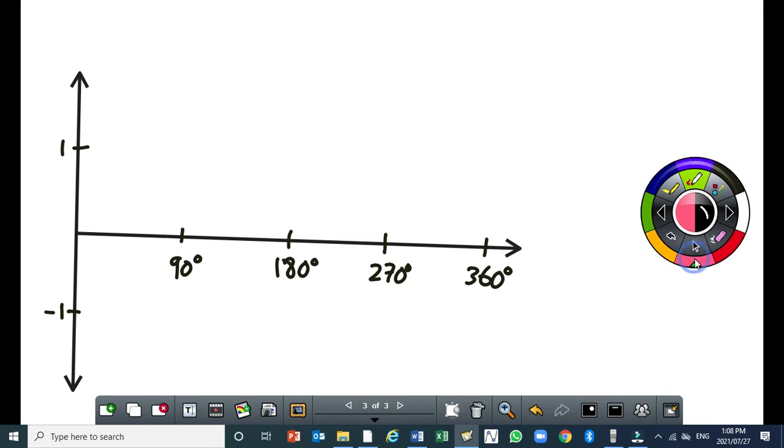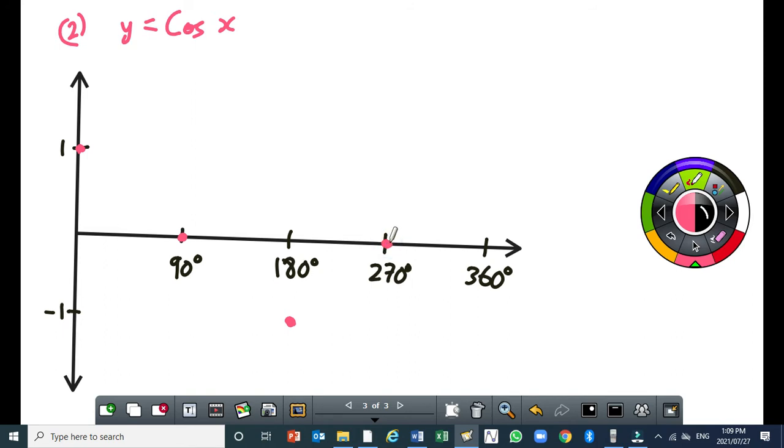Now when x is 0, y is 1. You can verify that with your calculator. Remember, the graph that we are talking about is y equal to cos x. When x is 90 degrees, cos 90 is 0, so we are going to have a point there. Then cos 180 degrees is -1. Cos 270 is 0.